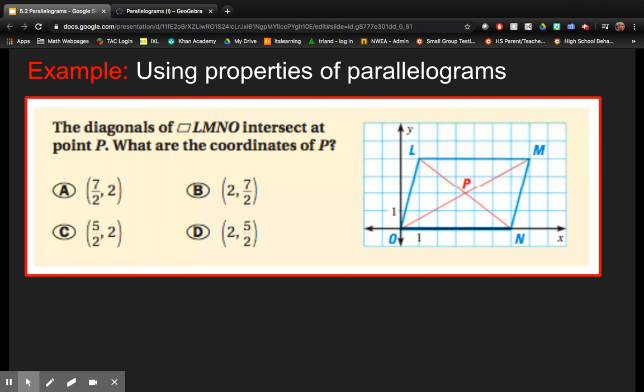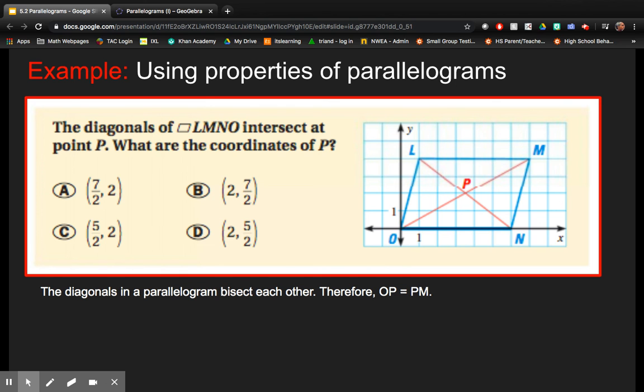Let's look at what happens when we take a parallelogram and graph it on the coordinate plane. The diagonals of parallelogram LMNO intersect at point P. What are the coordinates of point P? We begin with the fact that the diagonals in a parallelogram bisect each other.